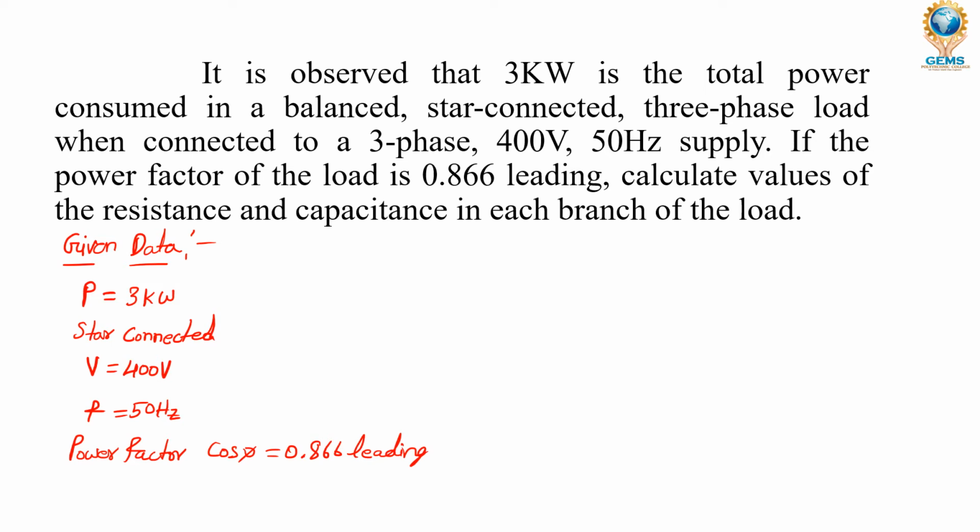Now we can see here, we already derived the formula for power. What is the formula for power? The formula is P equals root 3 VL IL cos phi. Here the power is 3 kilowatt.